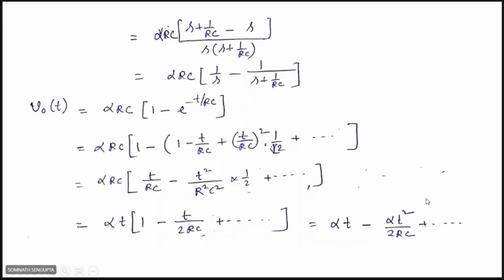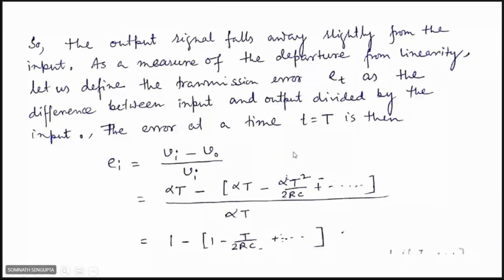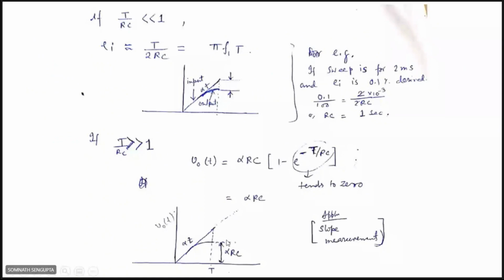Now there are some parameters like transmission error. What is the error? It is actually vi minus v0. When you apply a ramp signal, the output deviates from the input ramp signal, and later it becomes constant, because the RC circuit is a differentiator.